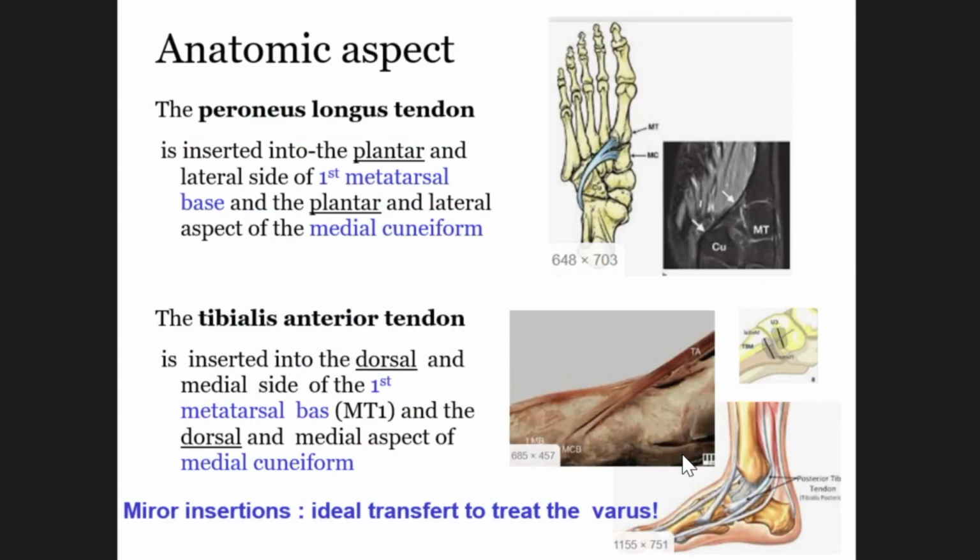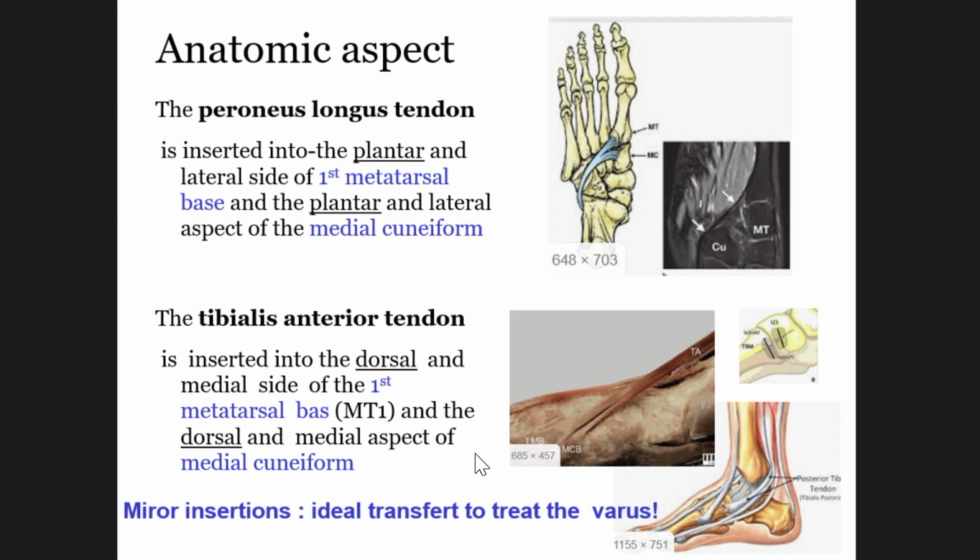A second aspect is the anatomic aspect. The most interesting thing, in my opinion, is that the insertions of the peroneus longus tendon and the tibialis anterior tendon are exactly the same, but in mirror.